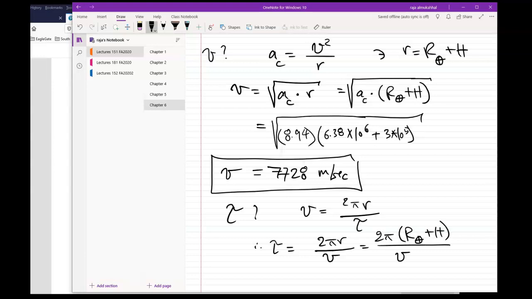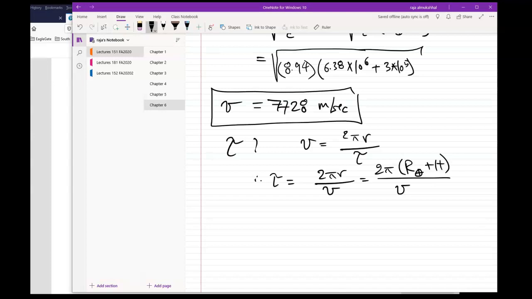And I'll leave that to you to calculate. The answer that the book has for this one is roughly 90 minutes. He converts it. I'm not going to give you the seconds. You can calculate that. So it's approximately 90 minutes. That's the period. And there we go. This is how we do it. Okay, good.